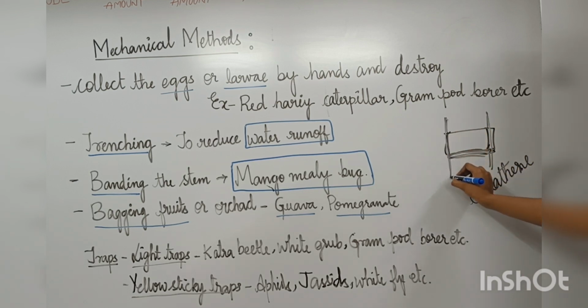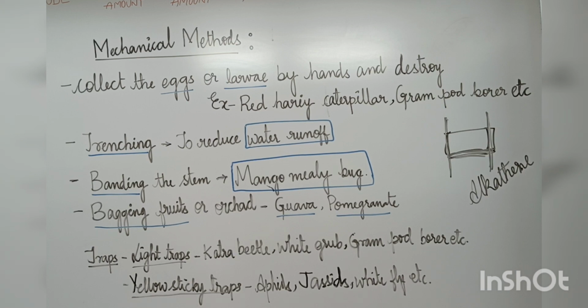This is to avoid the infestation of mealybug, and this practice is mostly done in November to December. And next one is bagging of fruits or orchards. In guava and pomegranate, fruits are bagged to avoid the infestation of fruit flies and also anar butterfly.